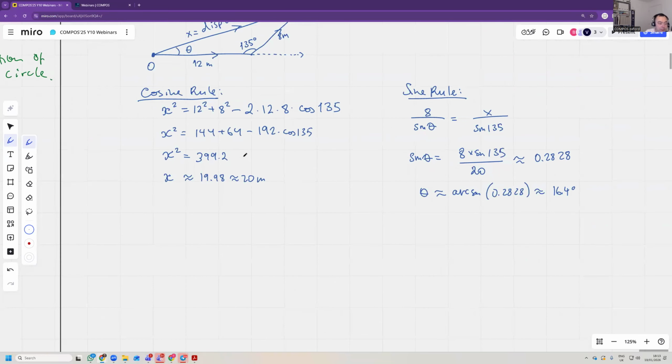So the solution: the displacement of the vector is like this, the angle is 16.4 degrees, and x is 20 meters.